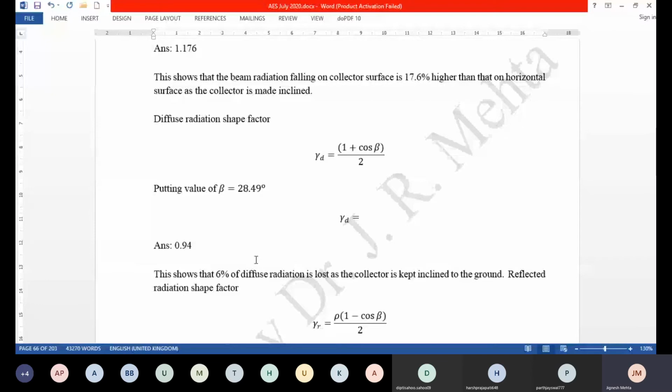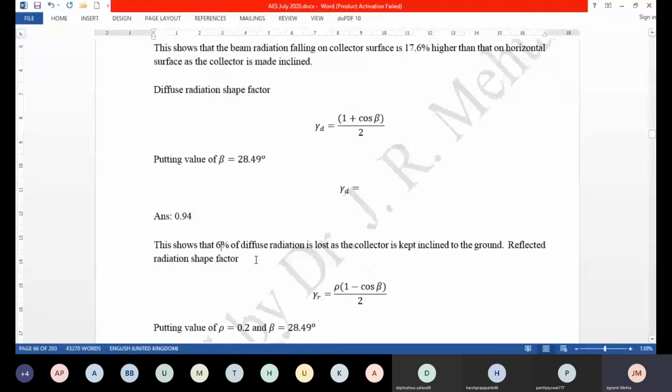And what about the reflected radiation? Whether you get a significant amount of reflected radiation or you don't get a significant amount. That you can calculate with the help of the formula for this gamma R. So your rho may be taken as 0.2 times (1 minus cos beta) by 2.